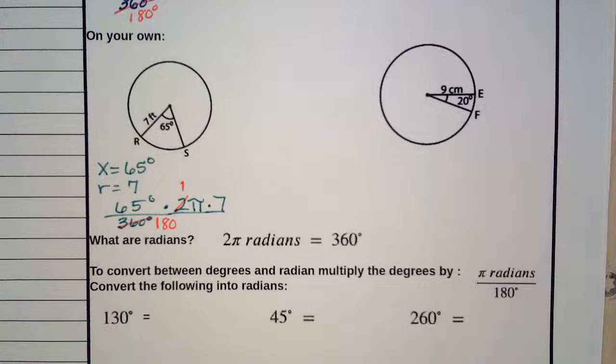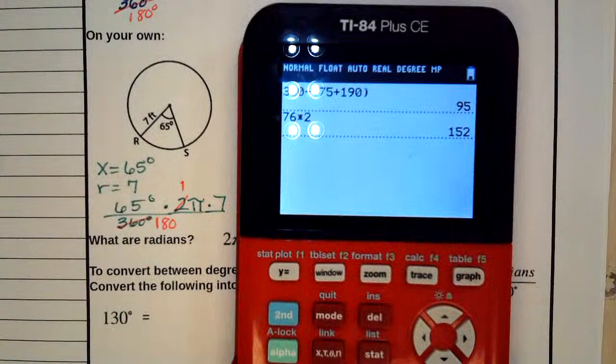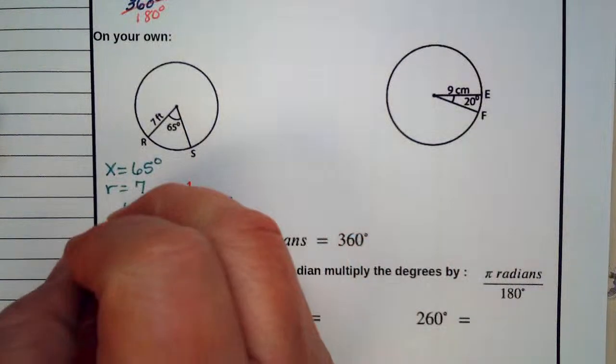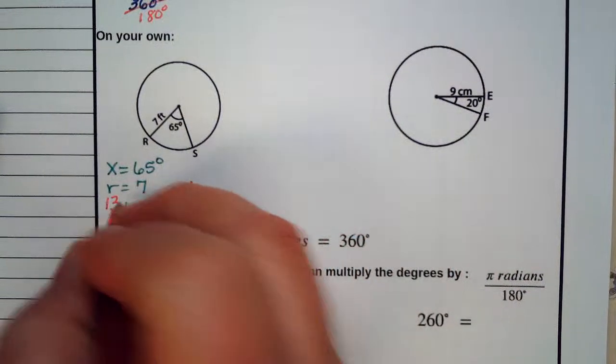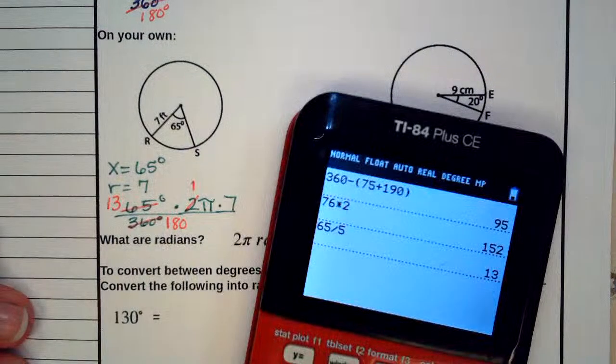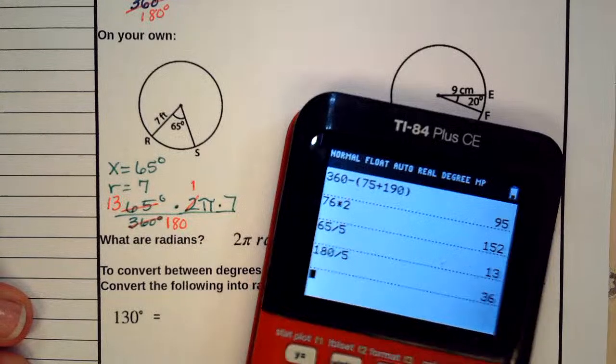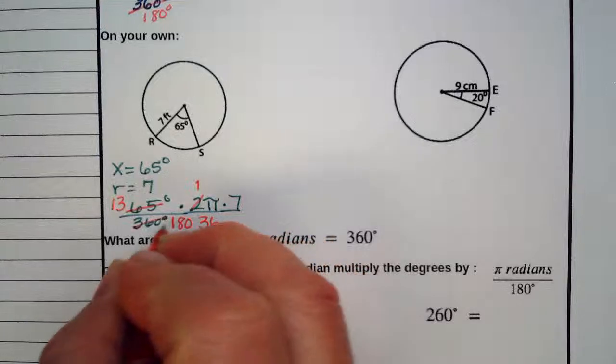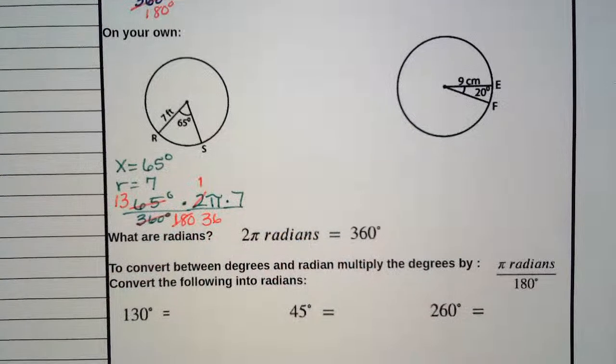So 65 divided by 5 gives me 13. And 180 divided by 5 gives me 36. Can I do any more?